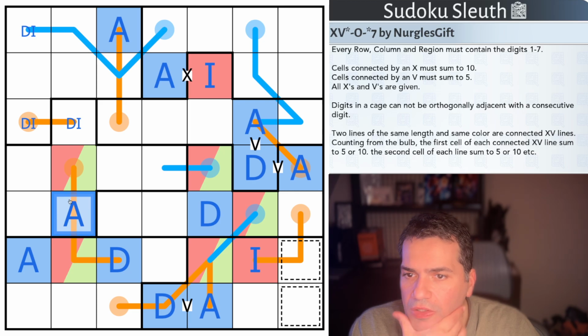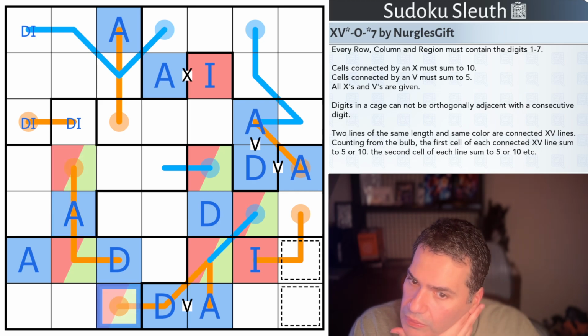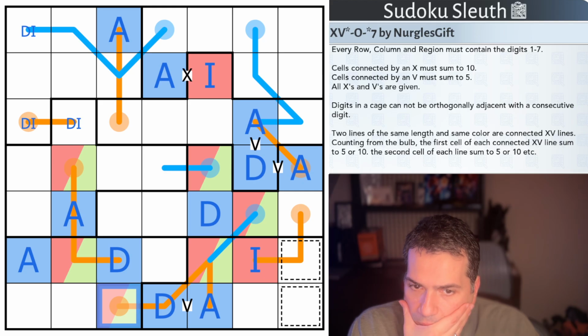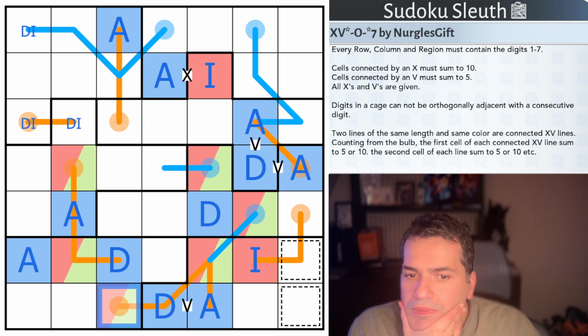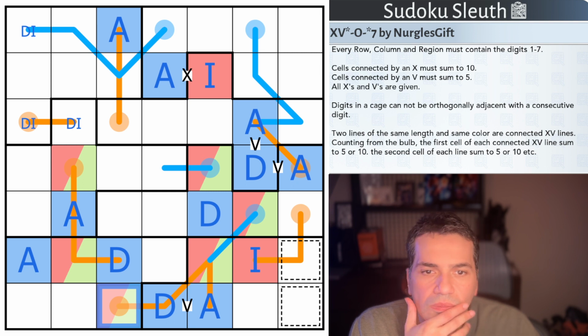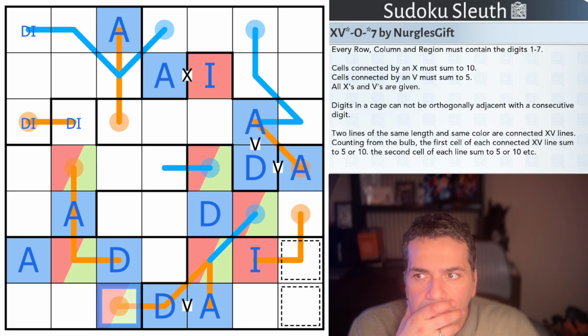That's adding up to 5. This is blue-green again. This red goes here. Yep, we're done with that.